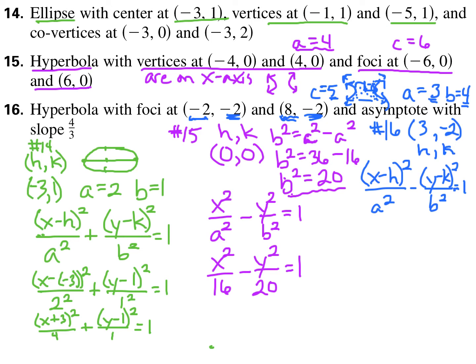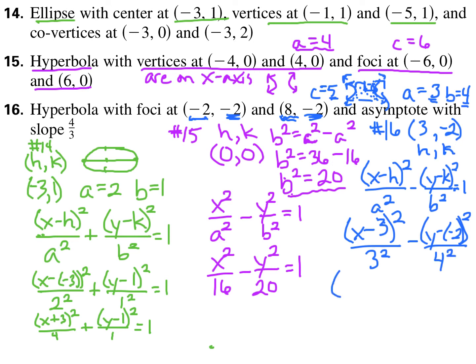Okay, and I have all the information I need. a is 3, so that would be x minus 3, my h, squared over 3 squared, my a, minus y minus negative 2 squared over 4 squared, since b is 4, and then I just go through and simplify.